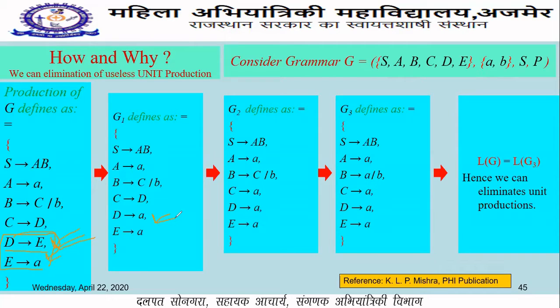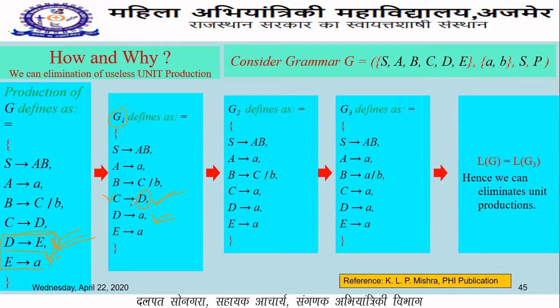In this modified grammar G1, there is also the unit production C tends to D. Notice that whatever D derives is also derived by variable C, because in the course of derivation, whenever C comes, C is replaced by D, and further D is replaced by a.